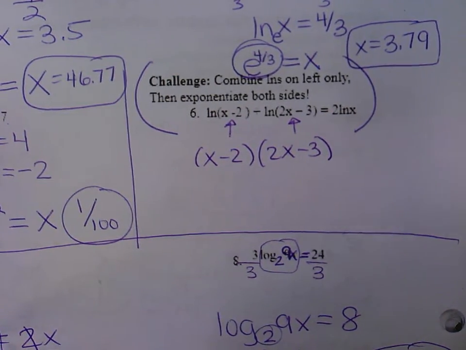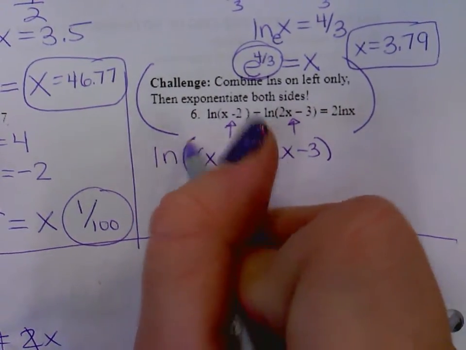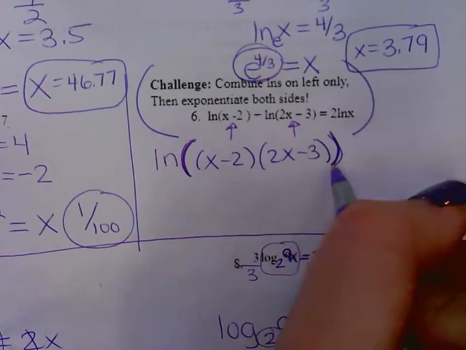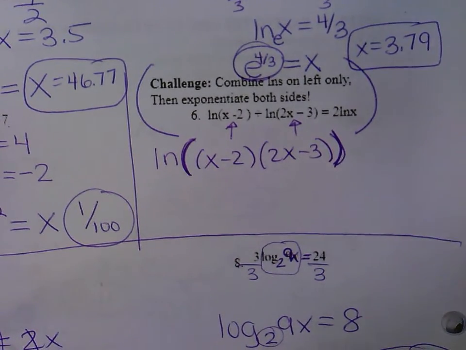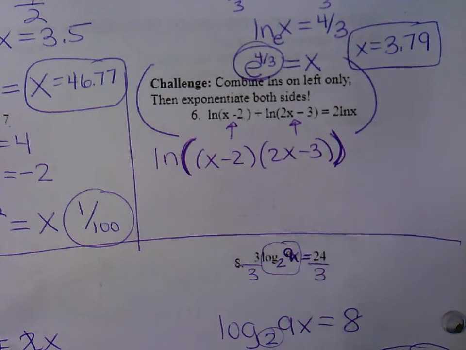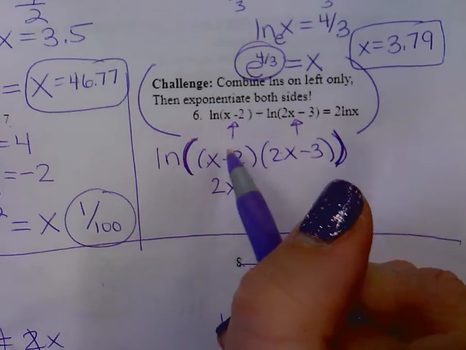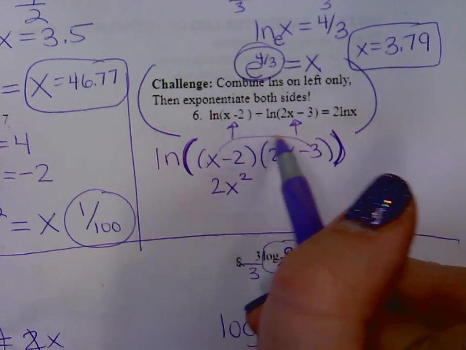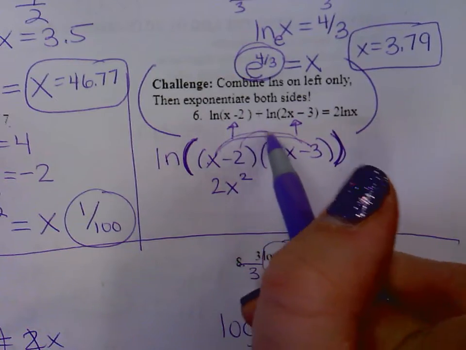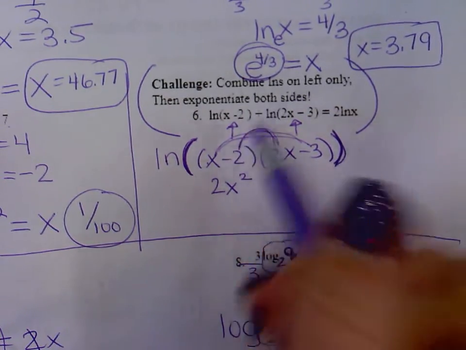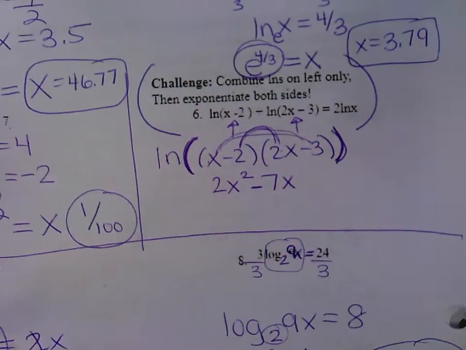So I really have the natural log of all that stuff. So you have to do first, outer, inner, last. Remember, there's 4 terms. You could use the box method. You get 2x squared. If I just did my outer, I would have negative 3x's, and then if I did my inner, I would have negative 4x's. I have negative 7x's altogether.